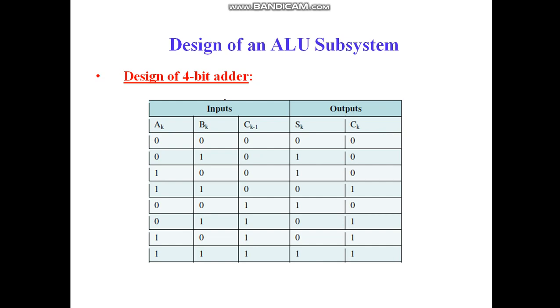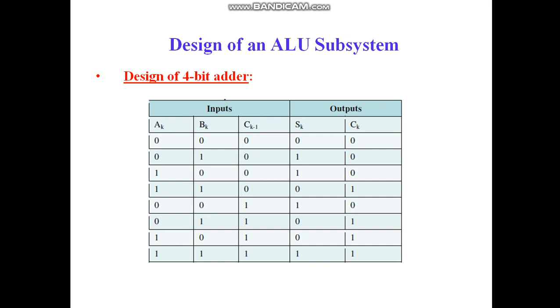For both the cases, Ck-1 is 0. When Ak is 0, Bk is 1, Ck is 1, Ck-1 is 1. And when Ak and Bk are 1 and 0, Ck is 1, Ck-1 is 1.